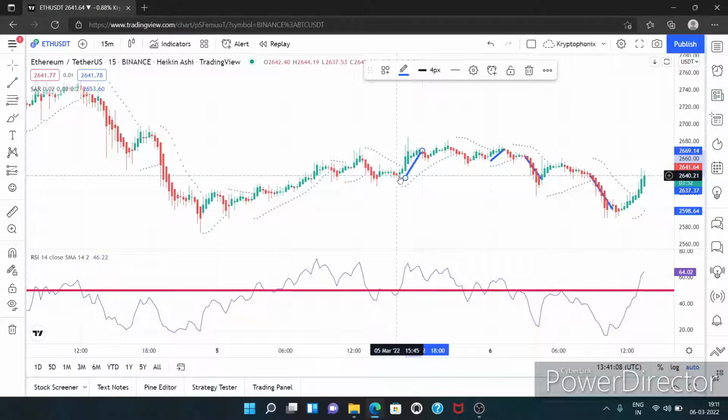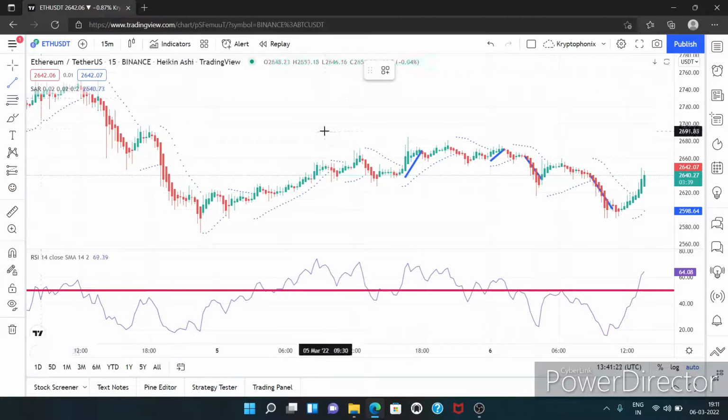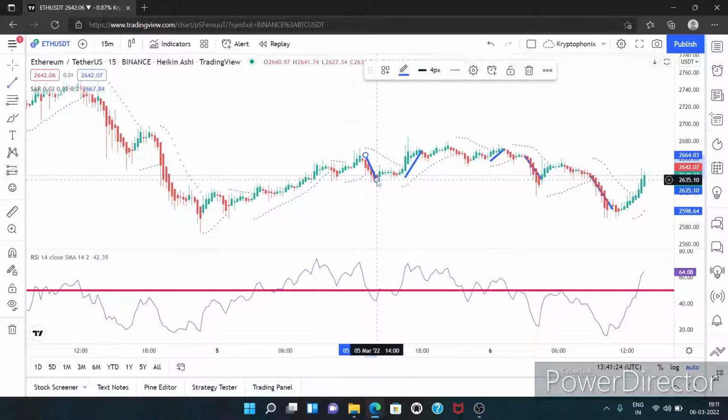Okay, so this point over here, as the RSI slides below the 50 and the parabolic SAR is above the price, this is a signal to sell. What we observe is a downfall.